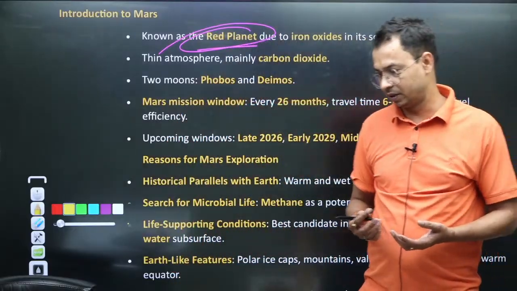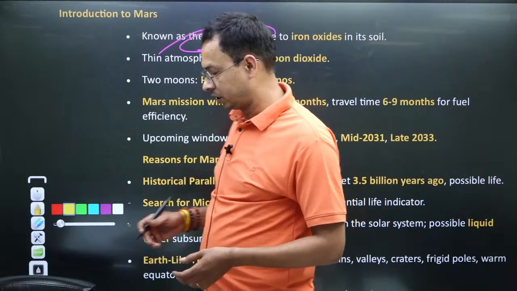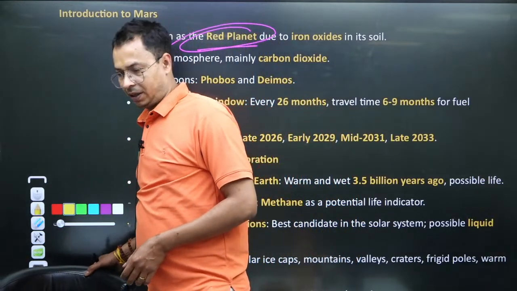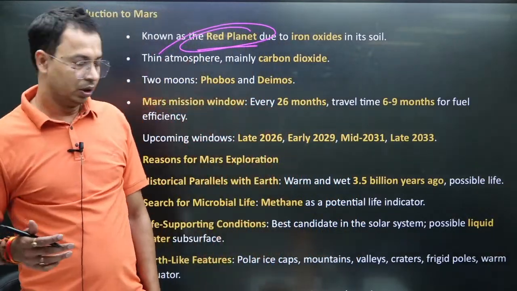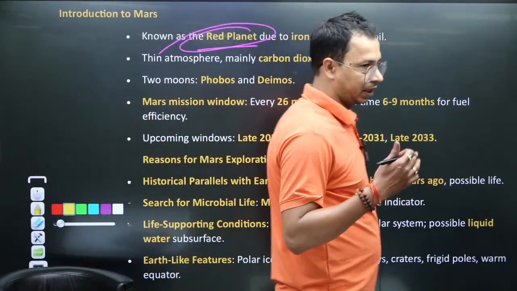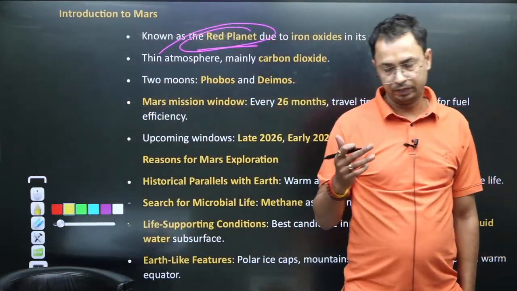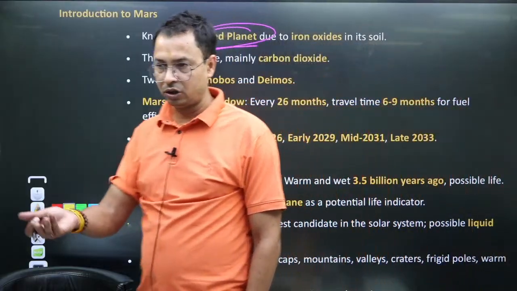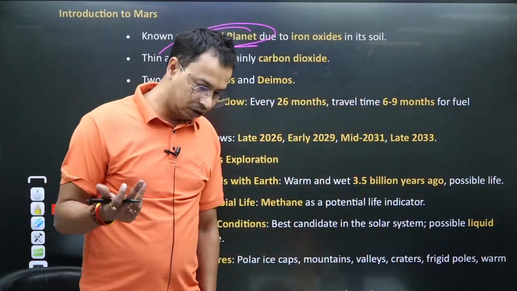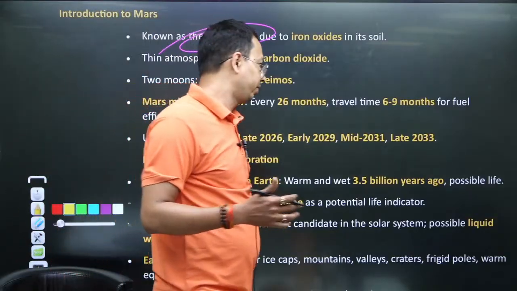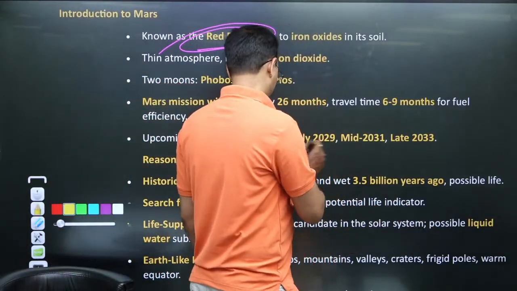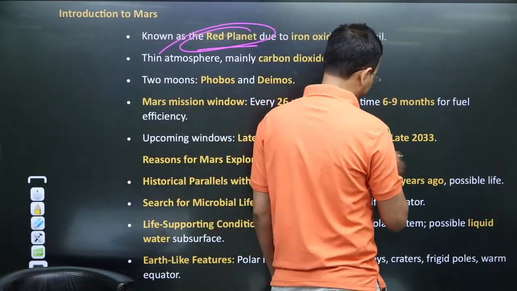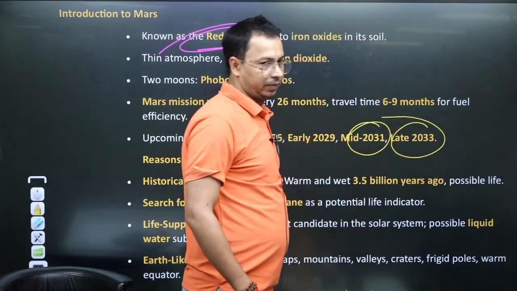So we cannot do missions every day for Mars as we can for the moon. If right now the window is 2026, and we cannot launch the mission in 2026, then we have to launch in 2029, then 2031, then 2033.